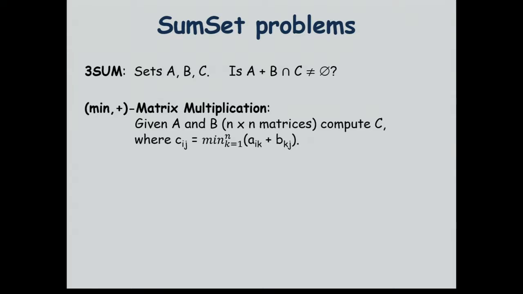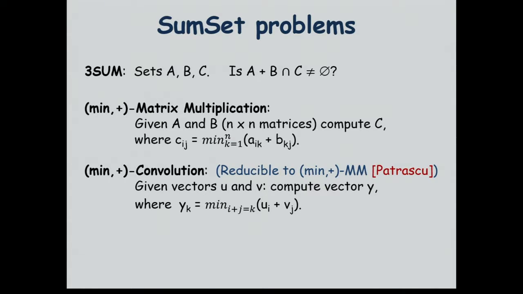Another problem that I'm going to look at more today is the min-plus convolution problem, which is similar to min-plus matrix multiplication. Here it's a convolution problem. You're given vectors u and v, and you want to compute the vector just like you would for a regular convolution, but replacing the same operations as you did for min-plus matrix multiplication.